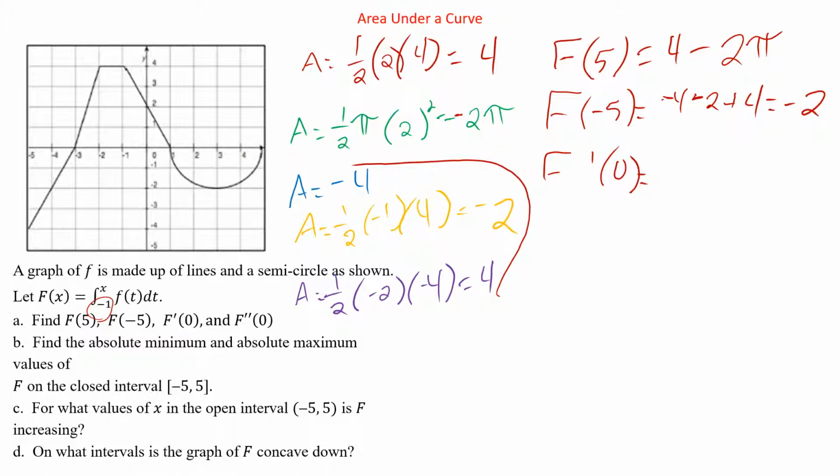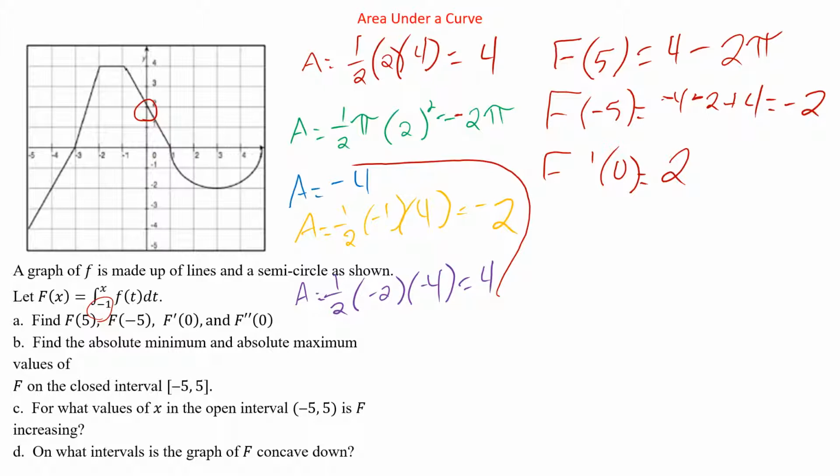It's what we're looking at on the graph. The graph is the slope. So f of 0 is 2, or f prime of 0 is 2. It's the y value on the graph.